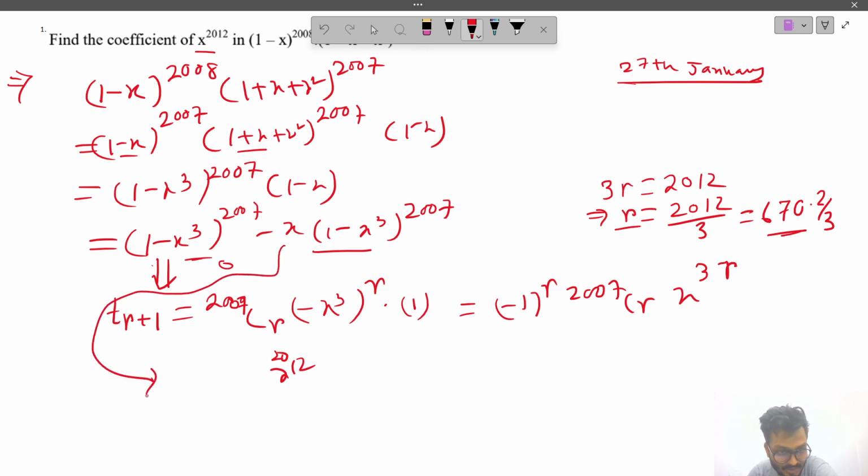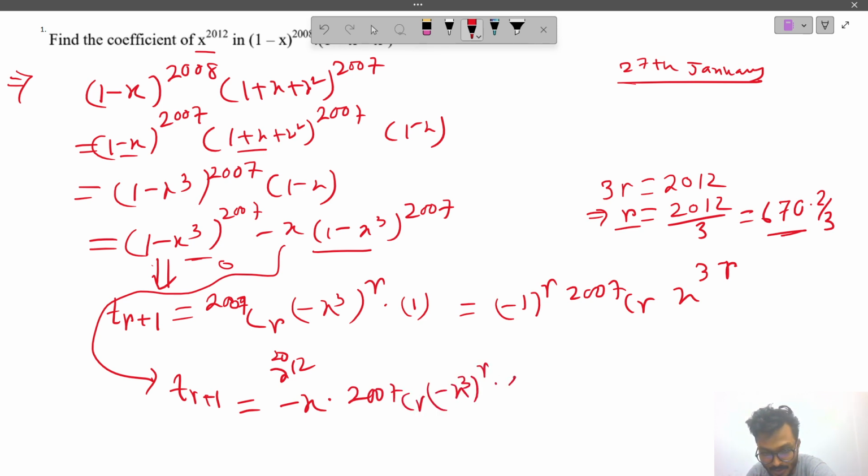In that case T(r+1) will be minus x into 2007 C r into (minus x cube) to the power r into 1. So it will be (minus 1) to the power r plus 1. Suppose this is r1.